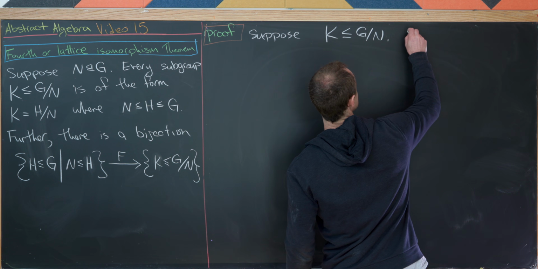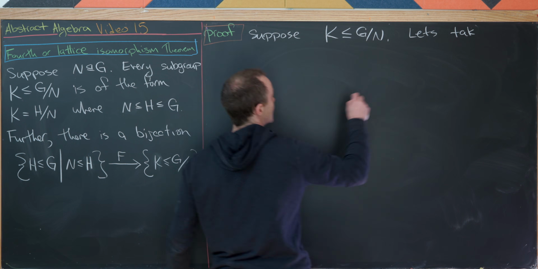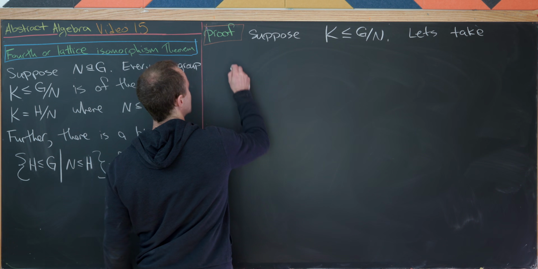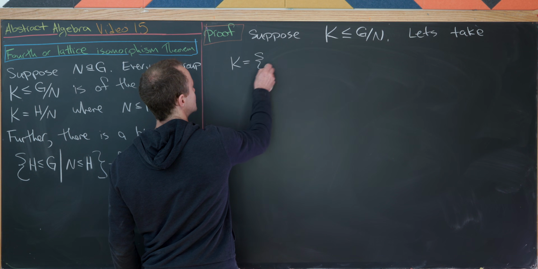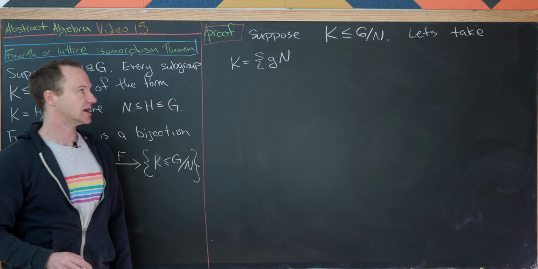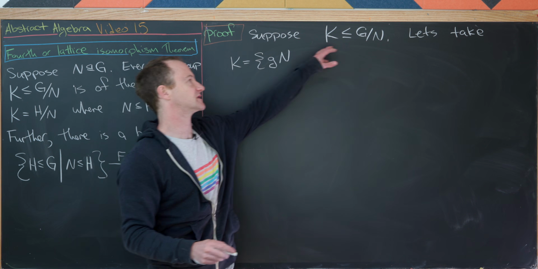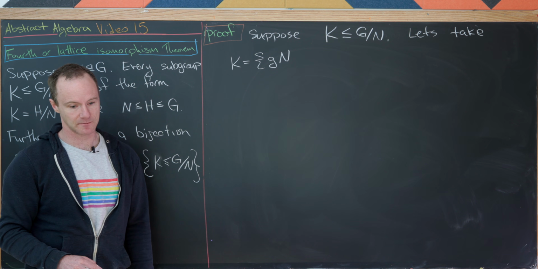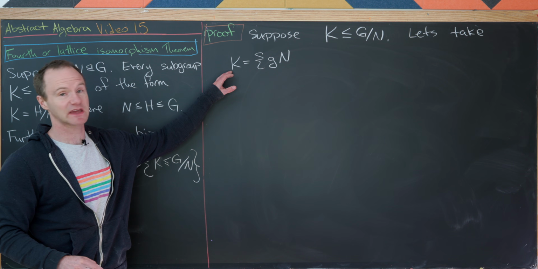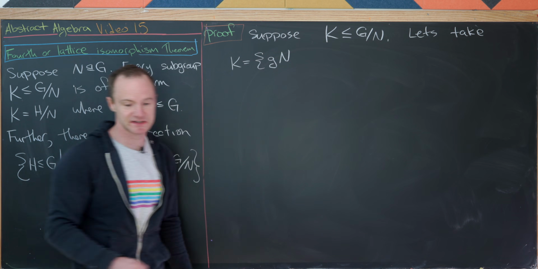And then next, let's take K to have the following shape. So we'll say that K is equal to, well, it's going to be equal to a bunch of cosets, gN. We know that it's going to be made up of cosets because it itself is a subgroup of G mod N. And then any coset that's inside of K, we'll put that representative into a new set.